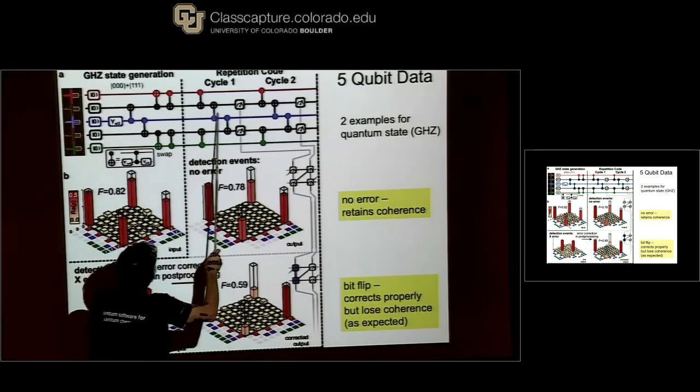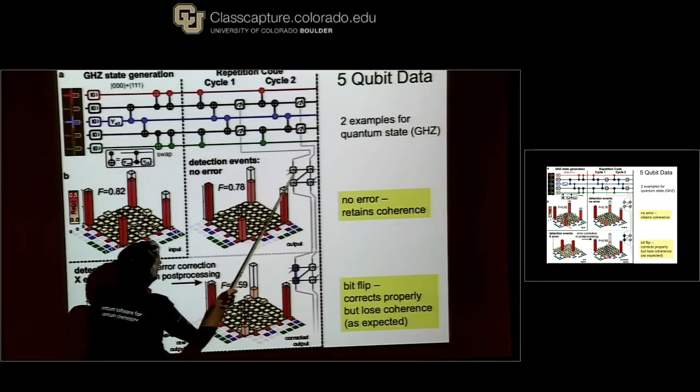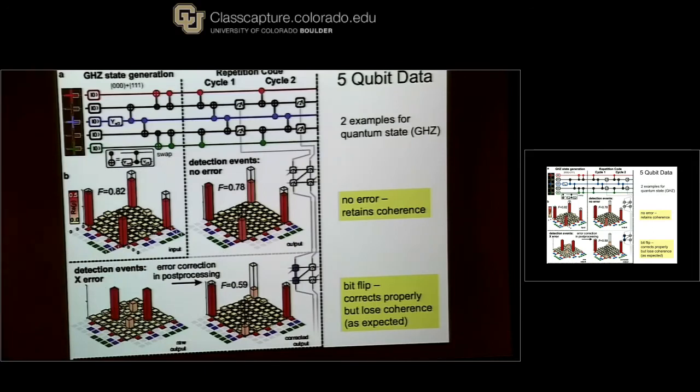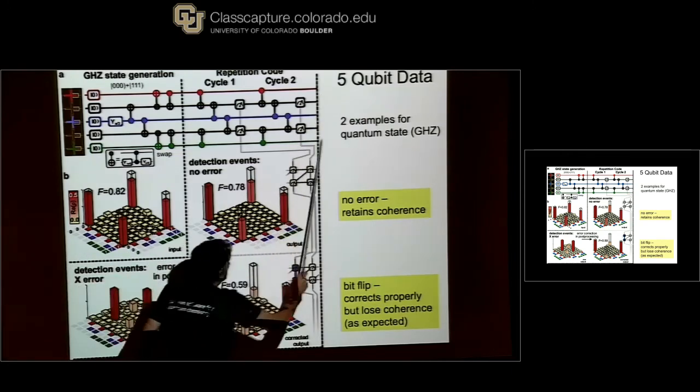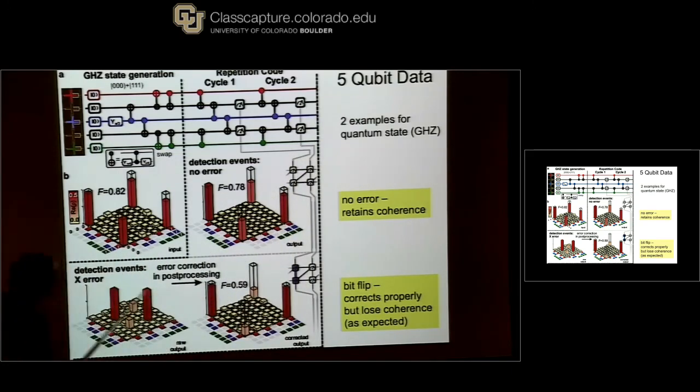is we run 2 repetition cycles, and we measure whether we had bit flip errors here. For the subset of events that we ran through, and then of course at the end here we do tomography again to get these results.